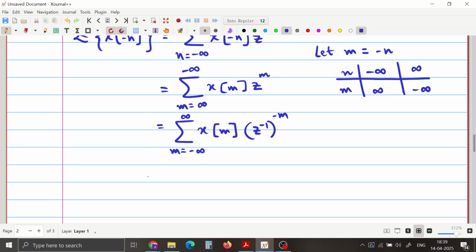And now the last step is to replace the variable m by our original variable small n. It's just a change of variable.